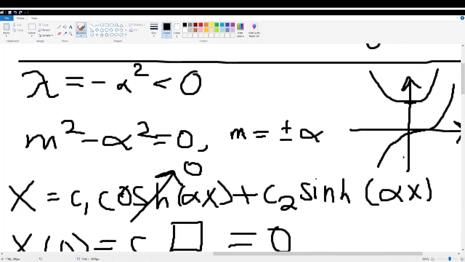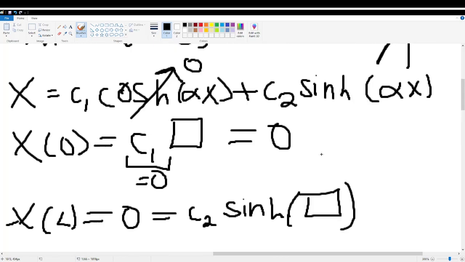If we take a look at the graph of sinh, unfortunately, well, I drew it poorly. Unfortunately, the only place that sinh of any number is equal to 0 is at 0, right? Despite how poorly I might have drawn it, that only intersects the x-axis at 0.